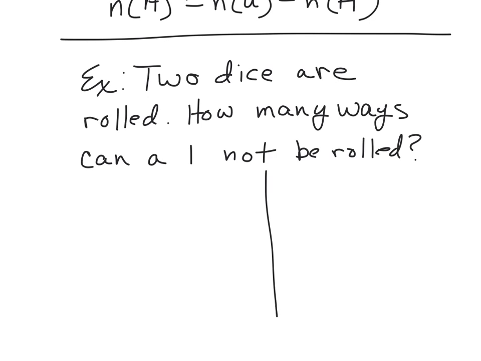I could list down all the ways that I cannot roll a 1. That's one option. Or I could say the number of ways of not getting a 1 would equal the total number of things that can happen minus the number of ways that I could get a 1.